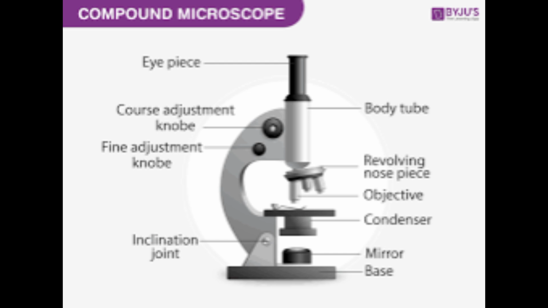Compound microscope. Different types of parts are there in the microscope. We can observe the structure of the microscope.